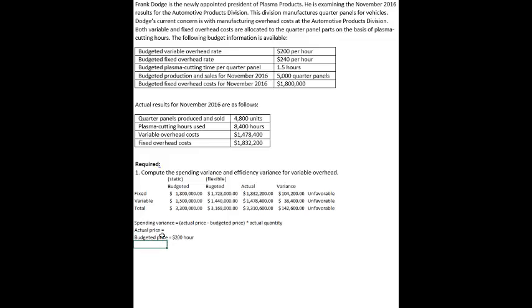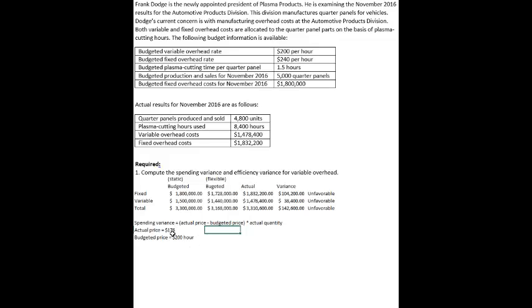What was the actual price for the plasma cutting hours that we incurred? Well, we actually incurred this 1.478 million, and that was incurred over 8,400 hours of plasma cutting time. So you divide the two out, you have a $176 actual price of variable overhead.